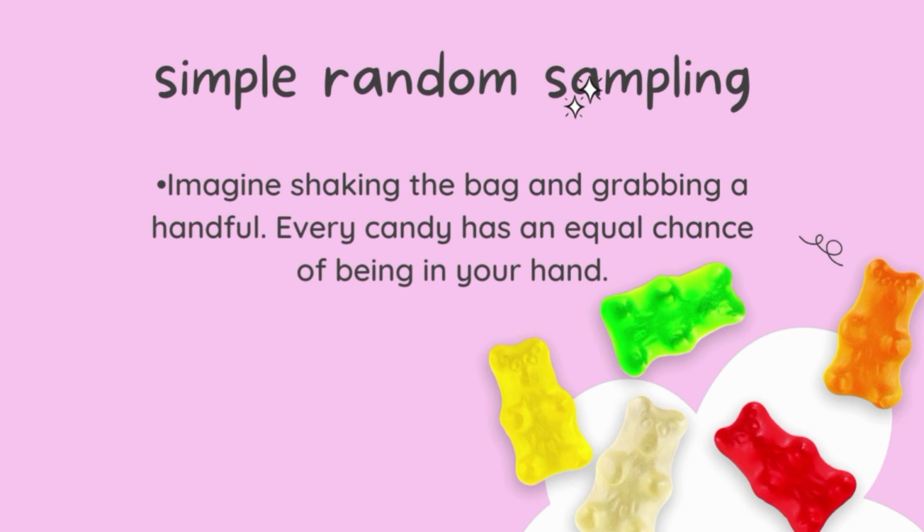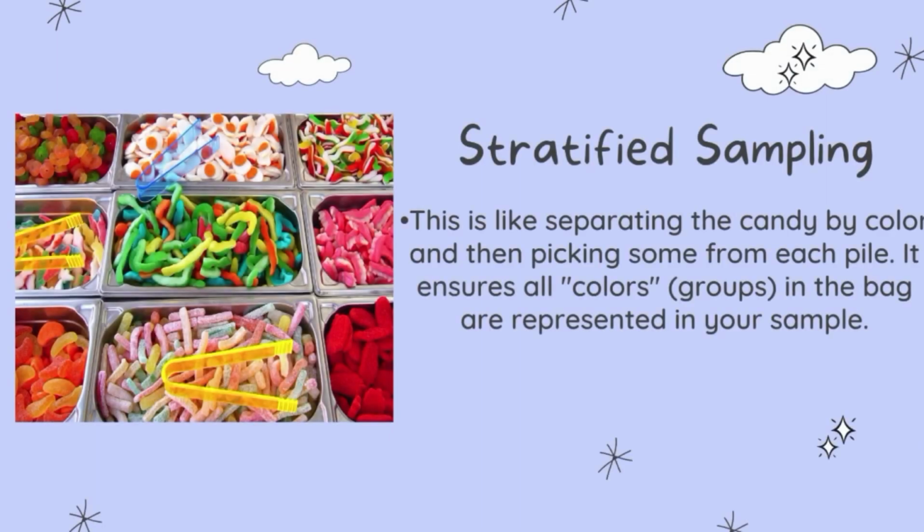Coming to the next one, which is stratified sampling. I have given a picture here. From this you can understand that stratified sampling is a probability sampling technique where the population is divided into subgroups, or strata.